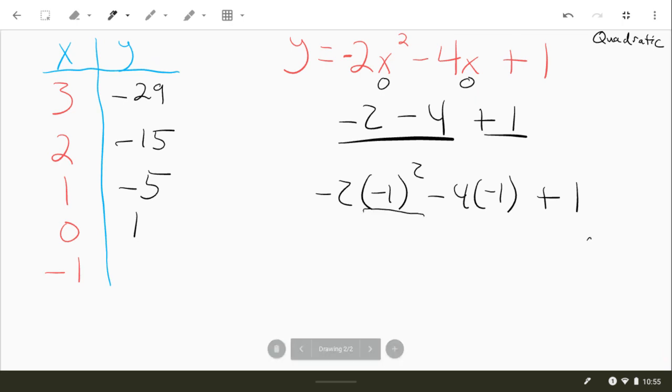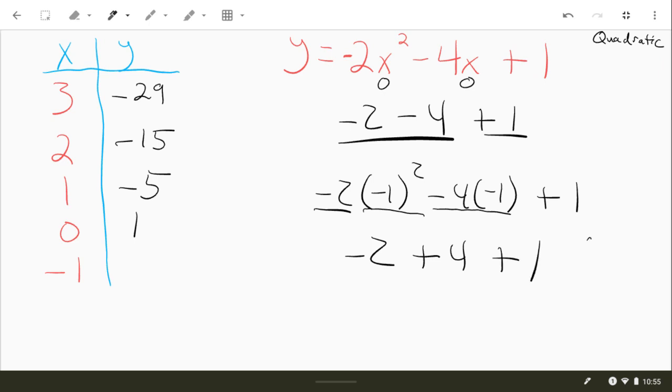Negative 1 squared. That means negative 1 times negative 1. So it becomes positive again. And then you're timesing it by negative 2. So the answer for that part's negative 2. All right. Let's see here. Negative 4 and negative 1 will make a positive 4 plus 1. All right. Negative 2 plus 4, that's equal to 2. And then 2 plus 1, that's equal to 3.